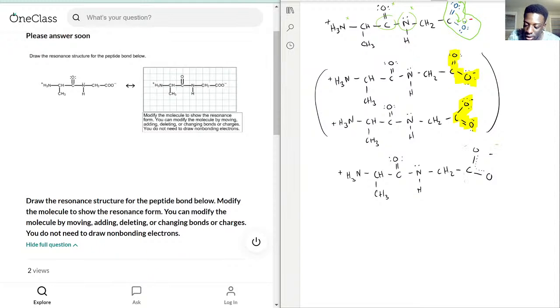So this is what's going to signify our resonance structure, and this is what the software is probably asking for you to draw.